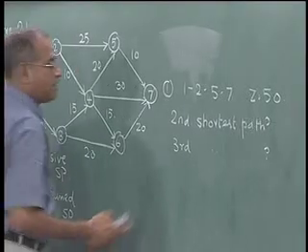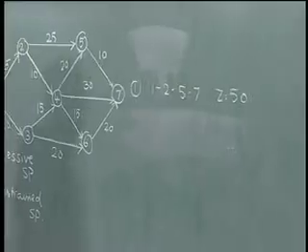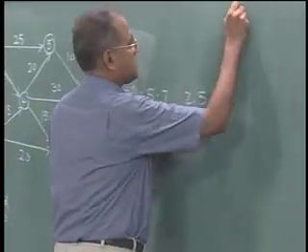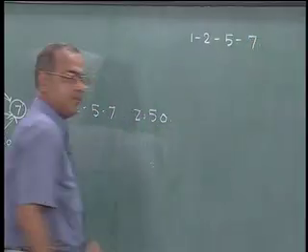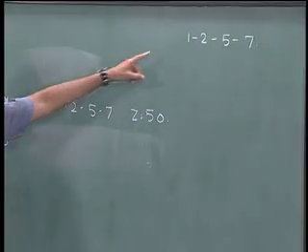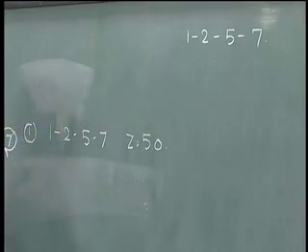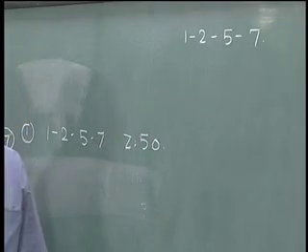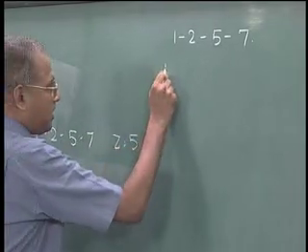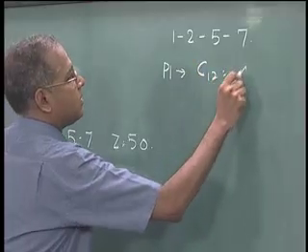In order to find out the second shortest path in this network, we take the first shortest path, which is 1, 2, 5, 7, and we observe that there are 3 edges in this shortest path, 1 to 2, 2 to 5 and 5 to 7. So, we solve 3 shortest path problems. The first we may call problem P1 with C12 equal to infinity.